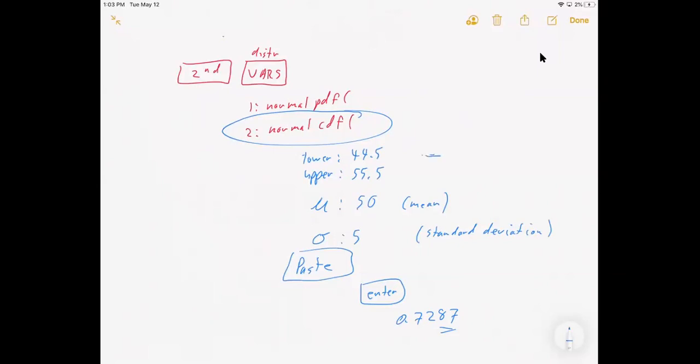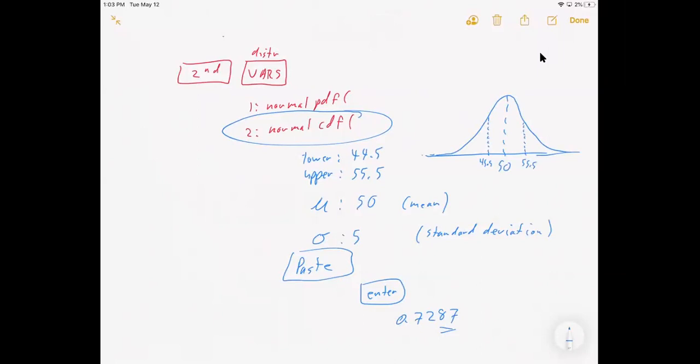That's taking a bell curve which is centered on 50, and it's going down to 44.5 and up to 55.5. So those are the other two numbers you entered.